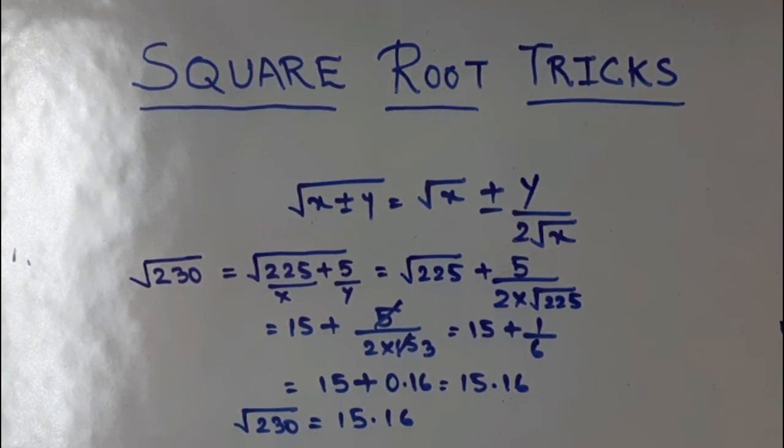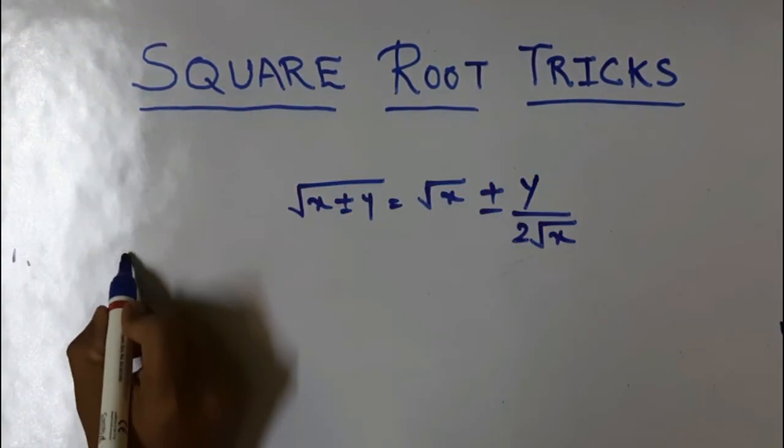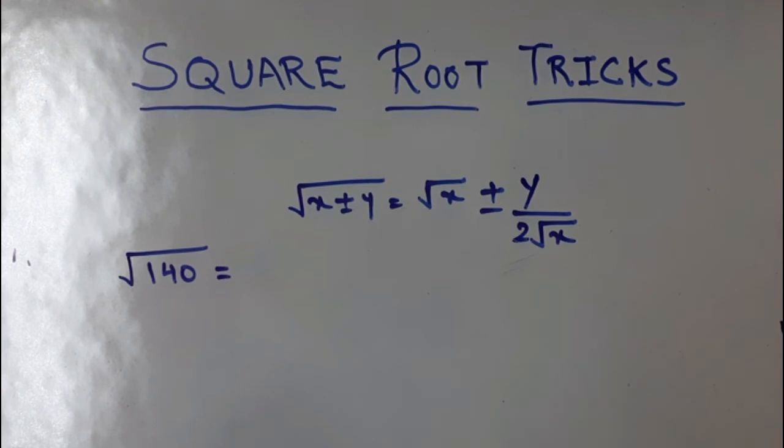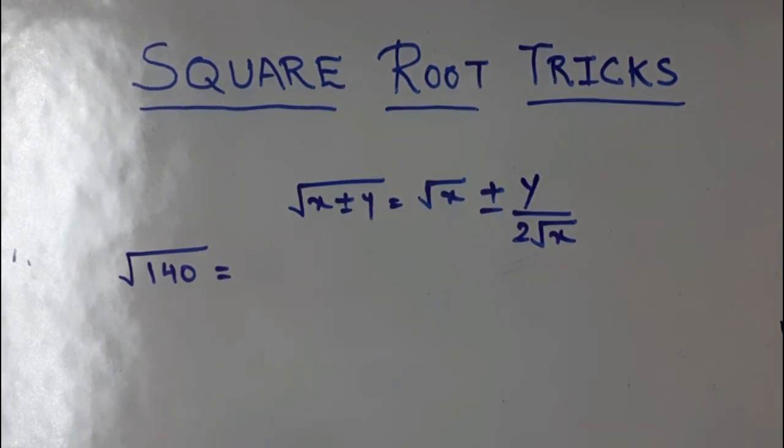I'm going to give the last example of another 3-digit number, 140. Let's try to find the square root of that number too. Root 140. The nearest perfect square of 140 is 144.